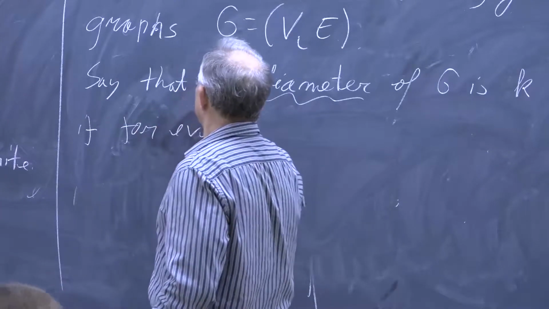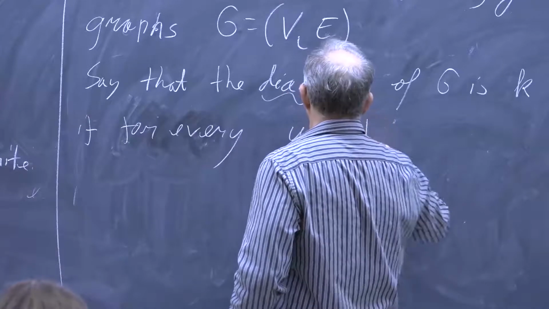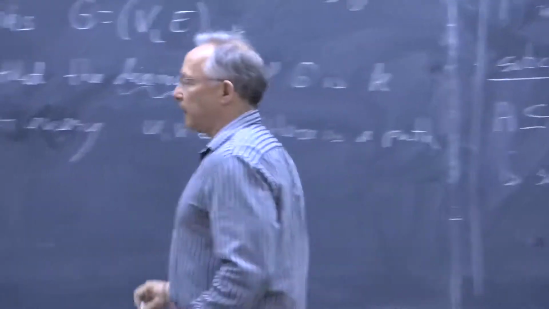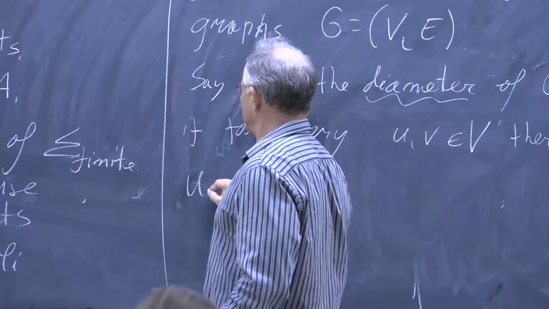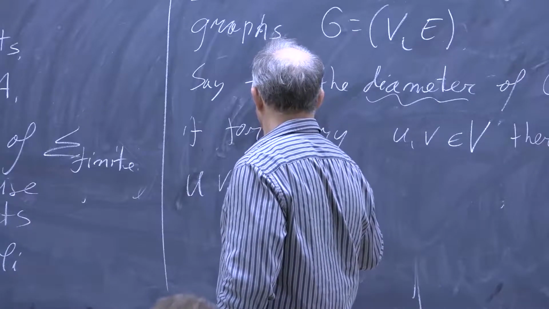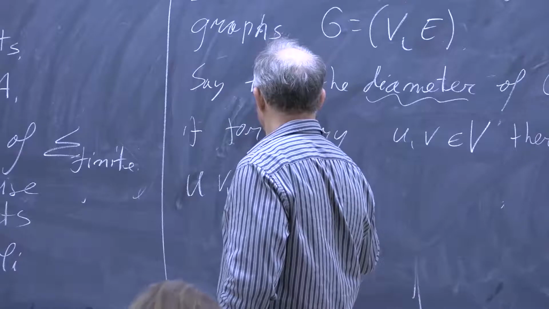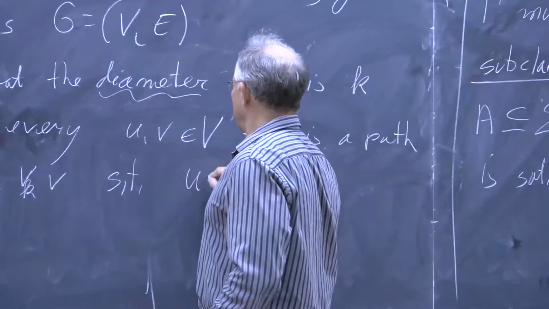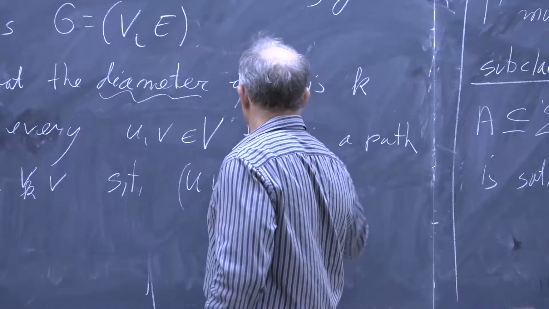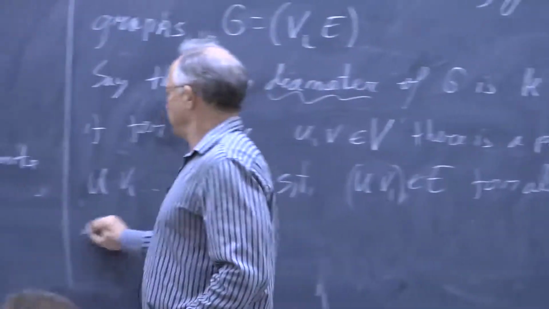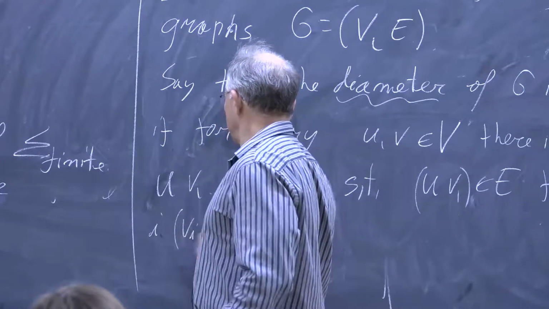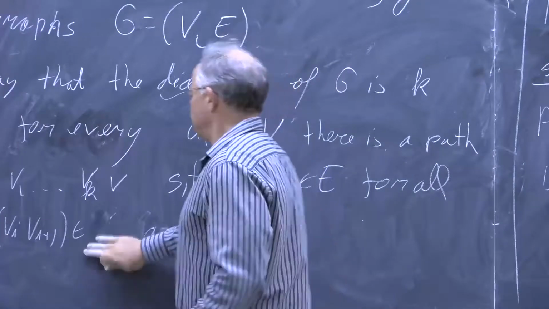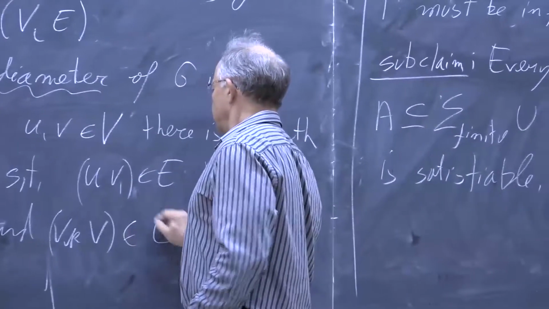For every u, v in the set of vertices, there is a path u, v1, ..., vk, v such that u v1 is in E, and for all i, vi, vi+1 is in E, and vk, v is in E. So that's a natural thing.